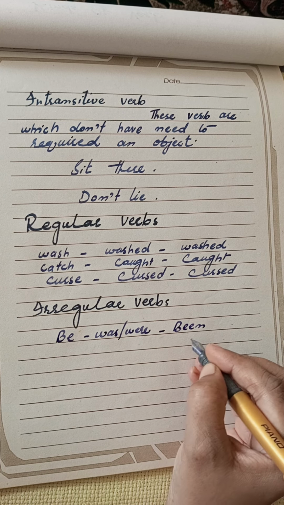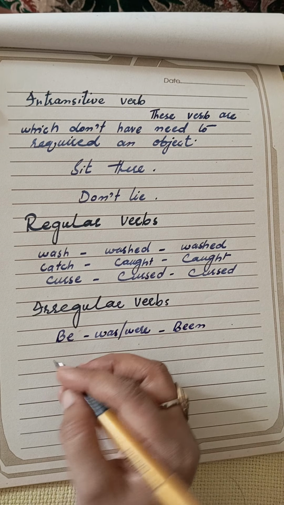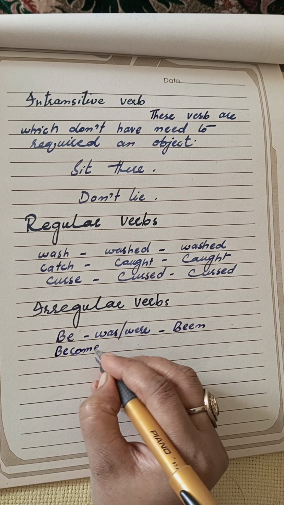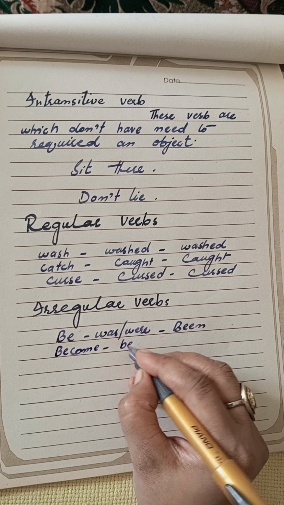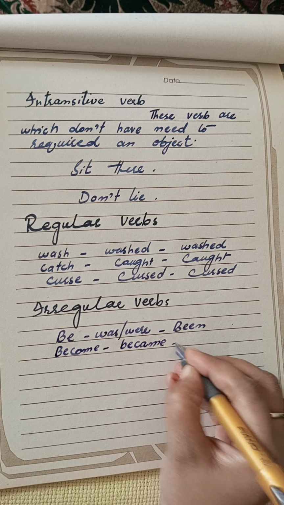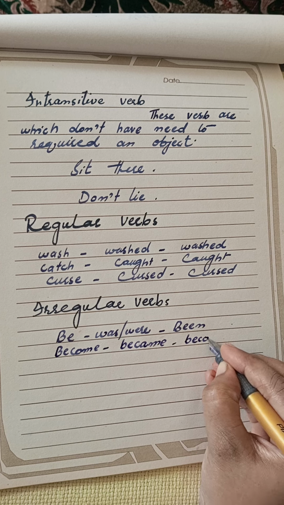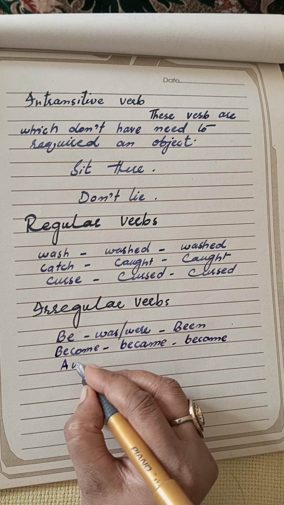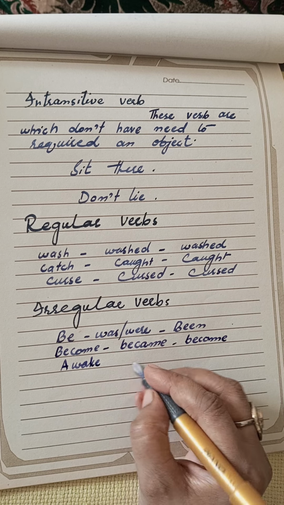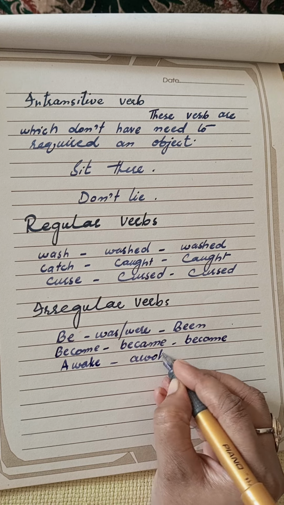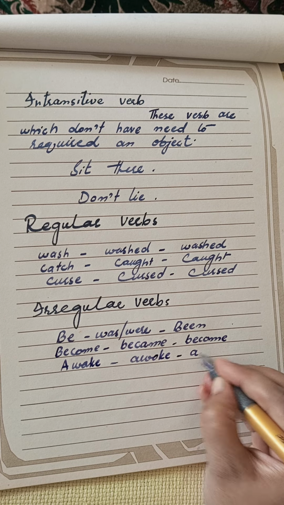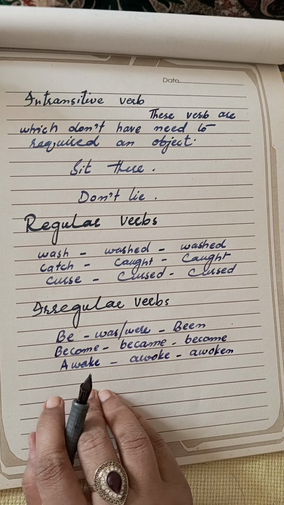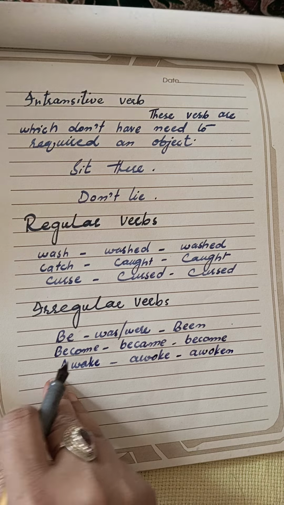Okay, these forms are different from each other. For example, become, became, and also become. For example, awake, awoke, awoken. Okay, these forms are different from each other, so this is called the irregular verbs.